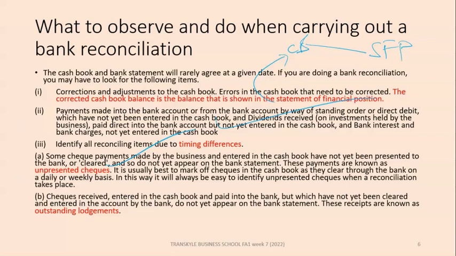That transaction, while it is being reported in the cash book, will not be reported on the bank statement. So that type of transaction is known as the outstanding lodgement, or bank lodgement outstanding. Just the same.